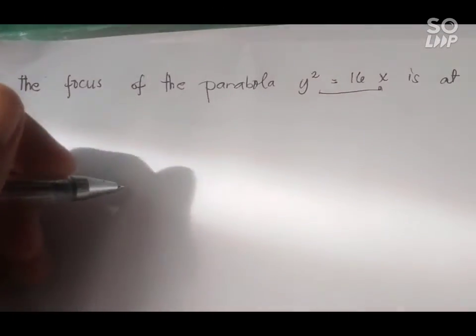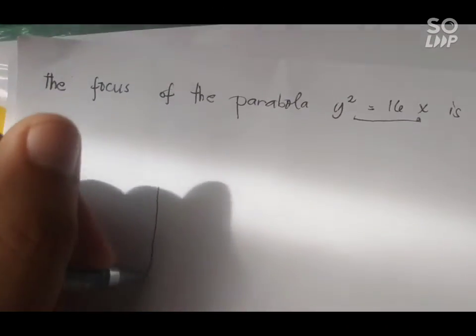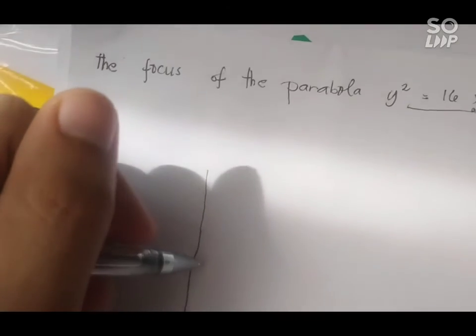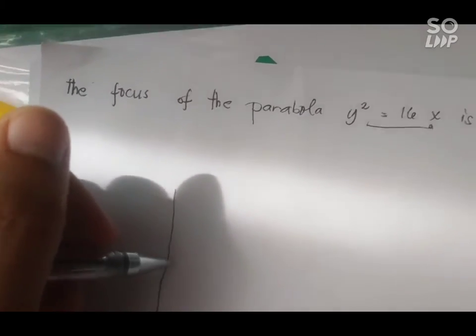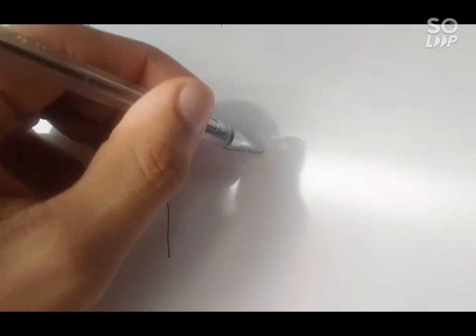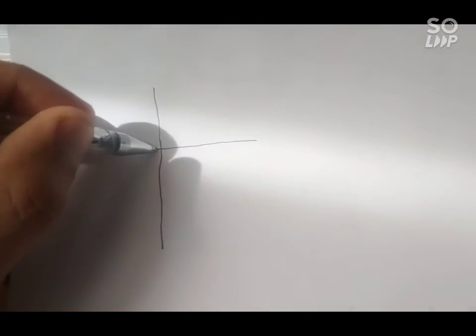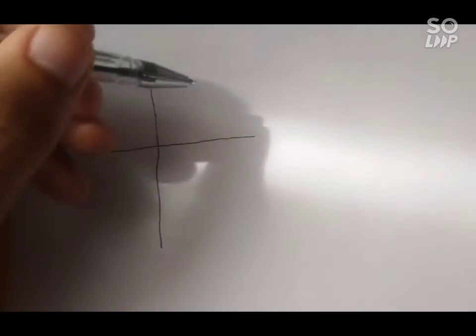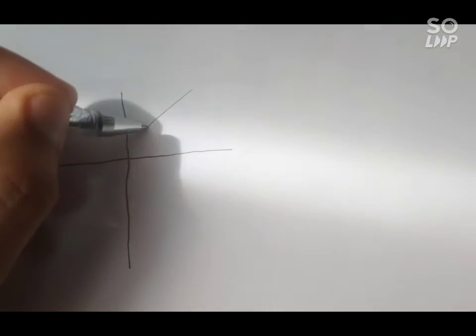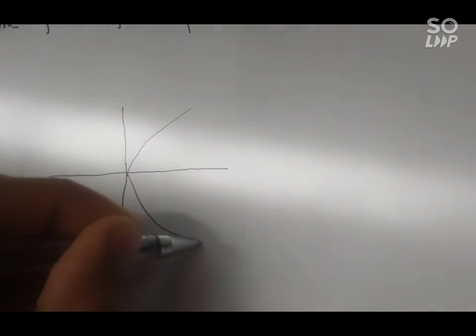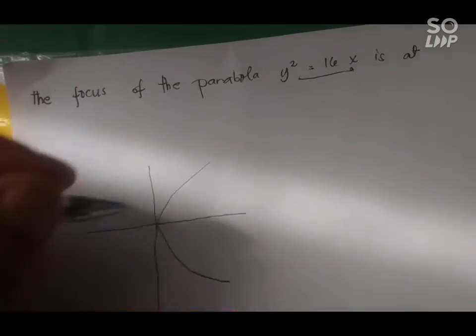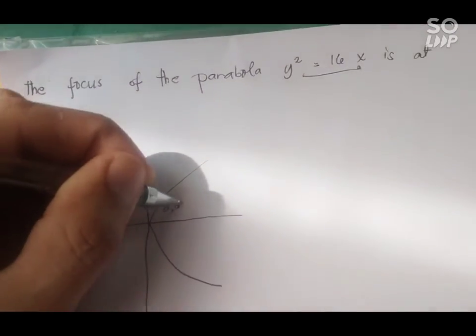So sa kaning equation unsa man ato parabolaan niya, so ang iyang bukaan sa iyahang parabola is nasa right, kay di man siya negative, along siya sa x axis, pero iyang buka is nasa right, so which is kani, so 0, 0.